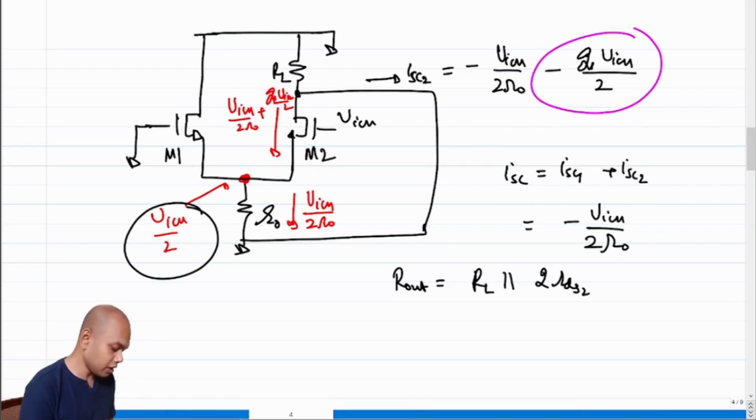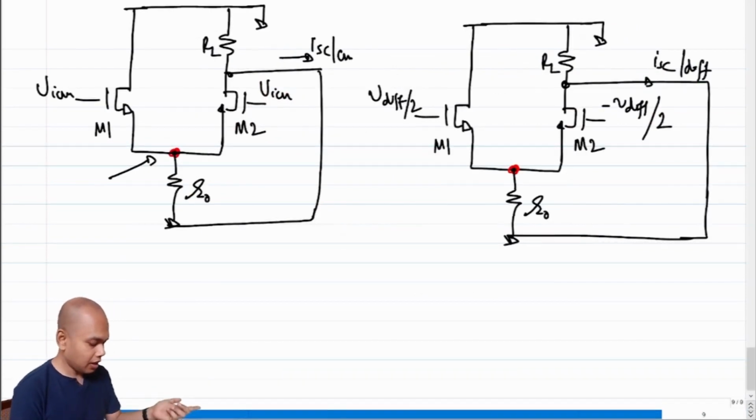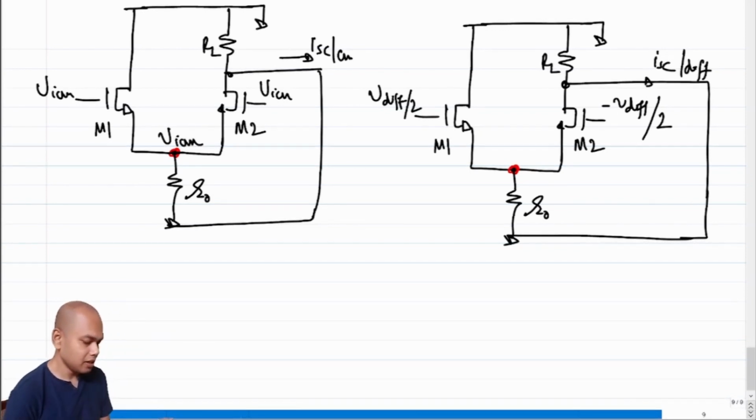But if I apply the input at M2 instead of M1, that will again be VICM over 2. And using superposition, when we apply both the inputs together at the gates of M1 and M2, it will be VICM over 2 plus VICM over 2, which means this will be VICM, under common mode condition.